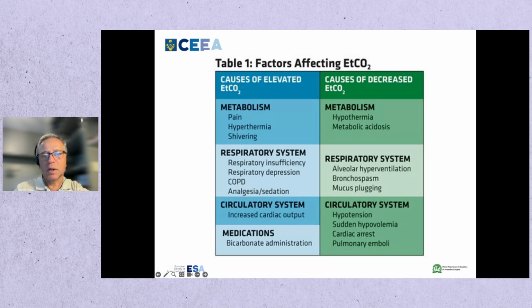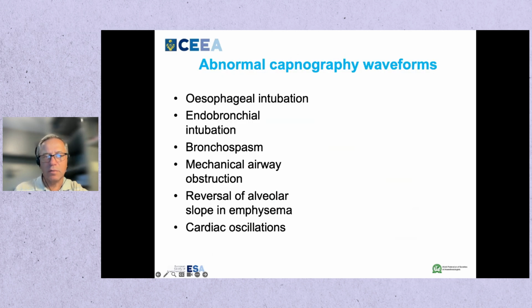Among the medications that will elevate the CO2 is, of course, administration of bicarbonate. Also shivering, hypothermia, pain, respiratory insufficiency, COPD, and so forth. Things like bronchospasm, mucus plugging, metabolic acidosis, hypothermia will decrease the CO2, as well as hypotension, hypovolemia, cardiac arrest, and pulmonary embolism, of course.